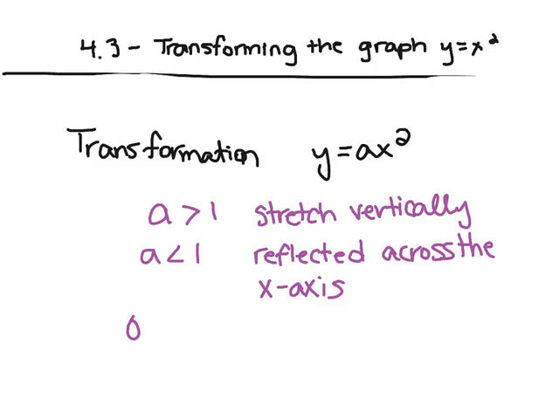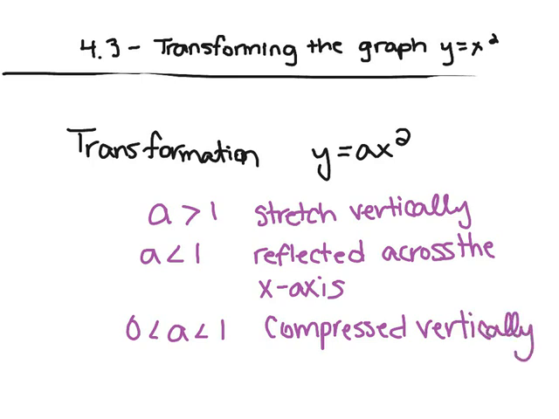And from 0 to 1, anything between 0 and 1, it's going to be compressed vertically, because it's all of our y values that are changing. Those are the ones that are being stretched and compressed.